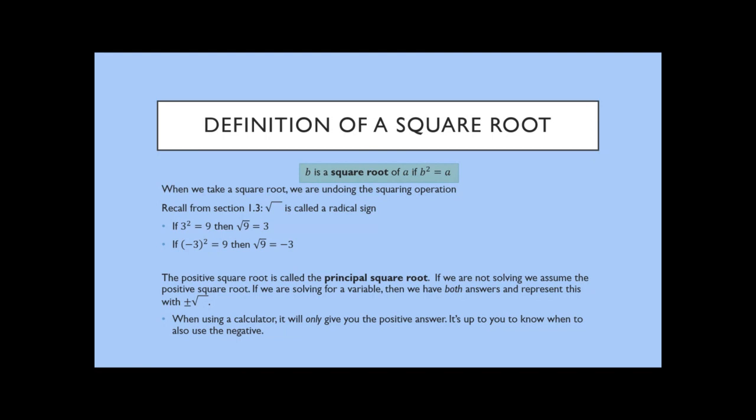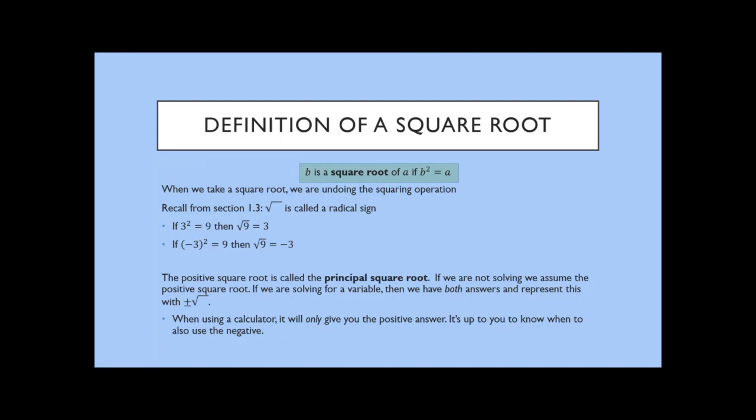If we're not doing any solving and we're just putting things on a calculator, just calculating it out, we always use the positive square root. So that's why your calculator will always give you the positive version. However, when we start solving and you're looking for an unknown, like you're solving for x, then you have both possibilities, the positive and the negative, because you don't know which one you want, and both of them technically work in the equation.